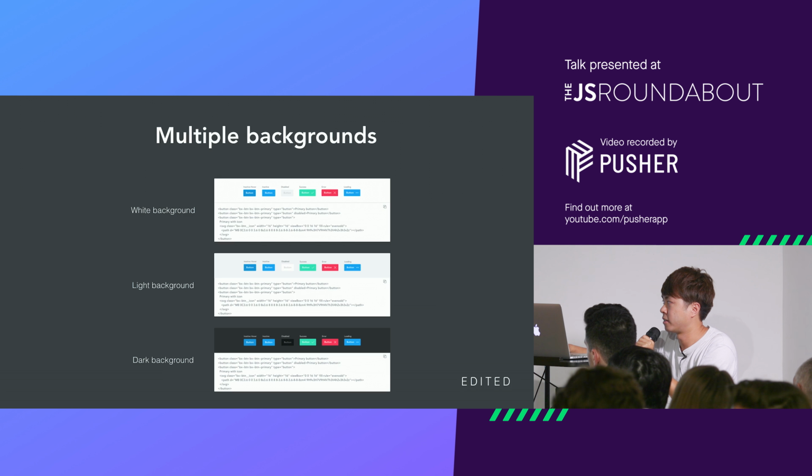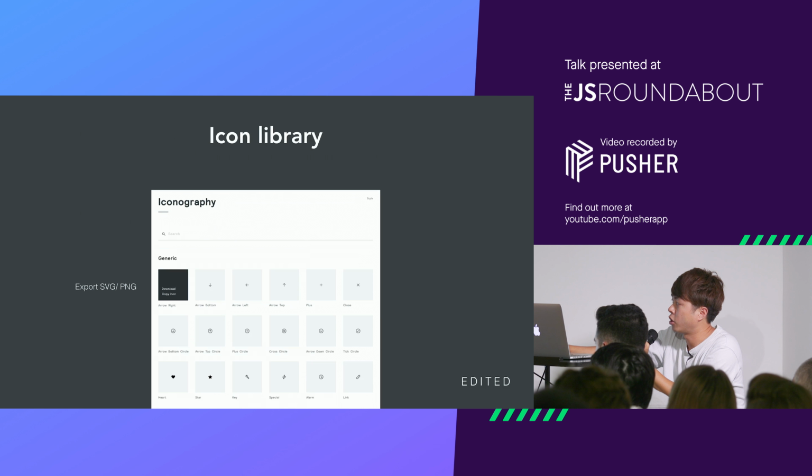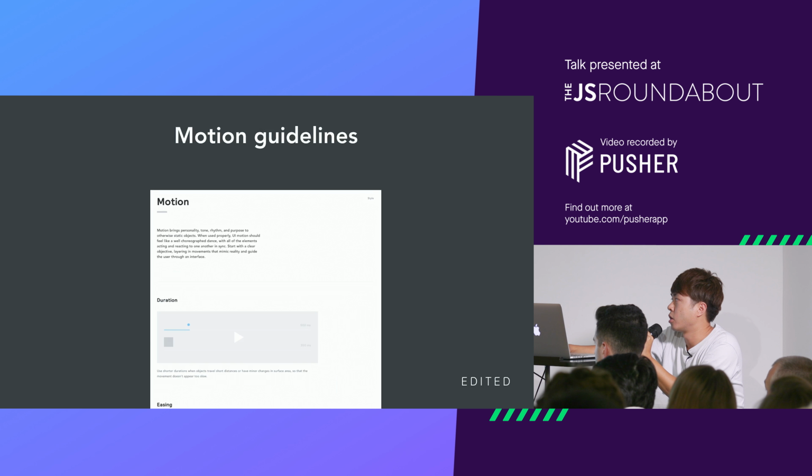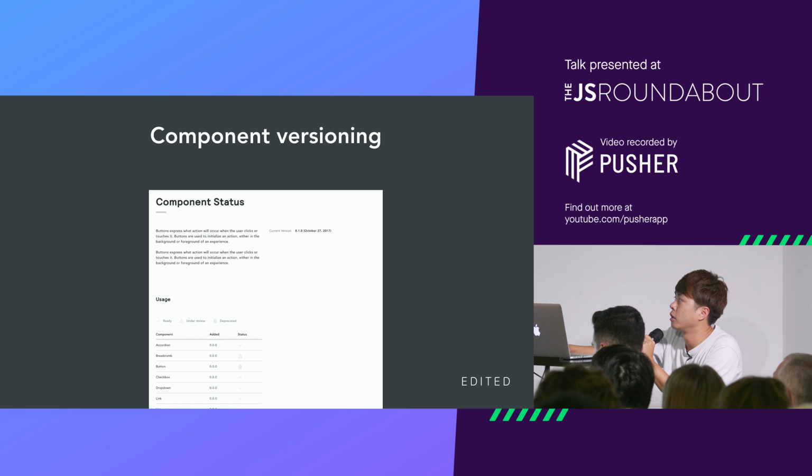And as you can see, the button and the component visuals will vary based on different background colors. We also have an icon library where anyone can go and export SVG and PNG. We have a motion guide to talk about the motion behavior across all the components.